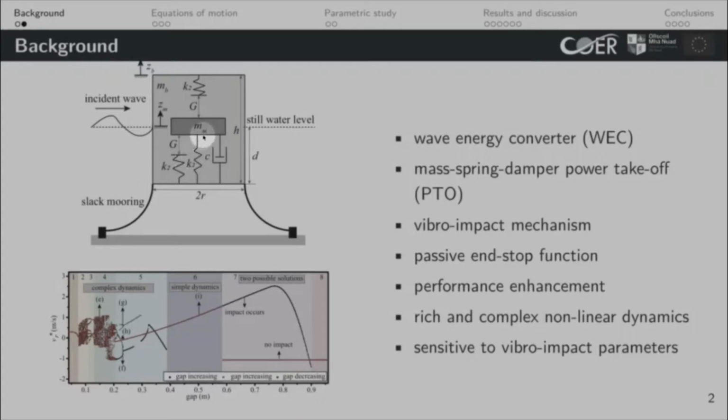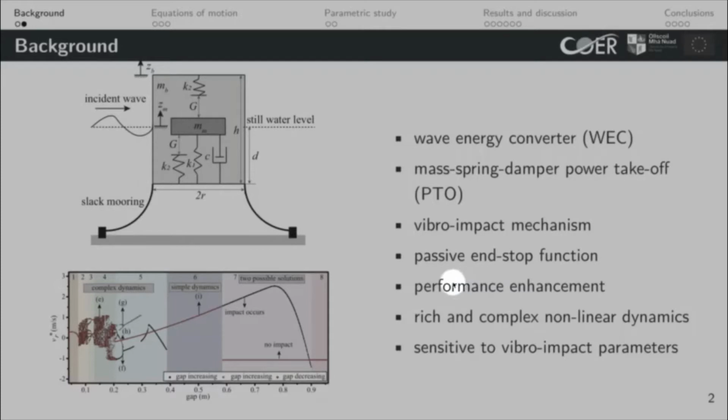When the relative displacement between the inner mass and the buoy exceeds the gap G, the impact springs will be active to provide a passive end-stop function. Meanwhile, this wide-band impact mechanism can also enhance the performance of the system in terms of power capture.